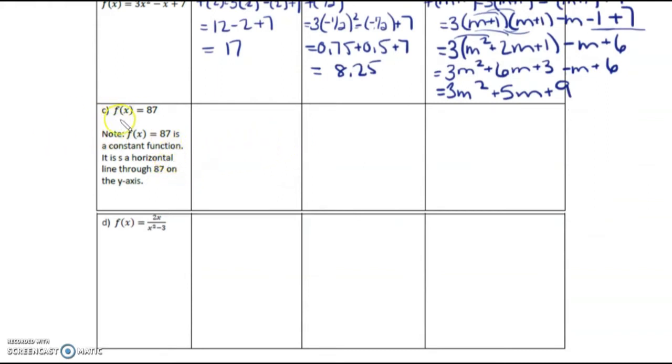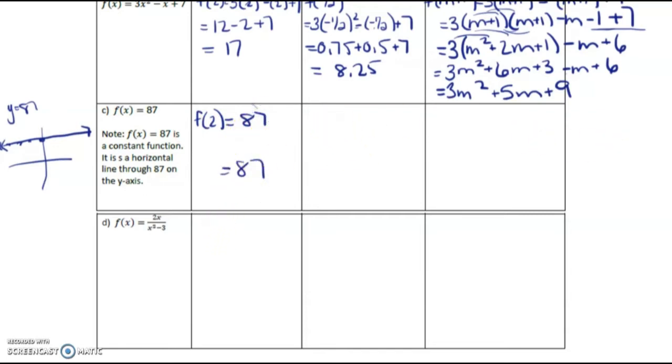Okay, C, f at x equals 87. So here's the thing, 87 is a constant. If you have the graph y equals 87, this is going to be a horizontal line through the number 87. So if we say what's f at 2, we're not actually subbing 2 in anywhere, so it's 87 no matter what.